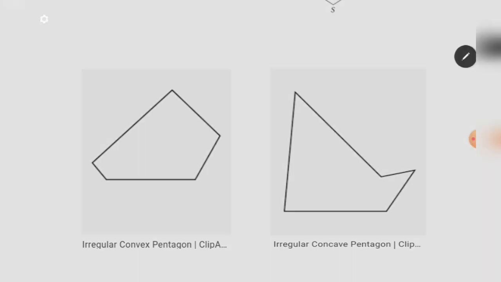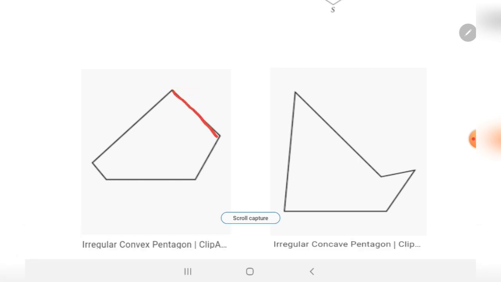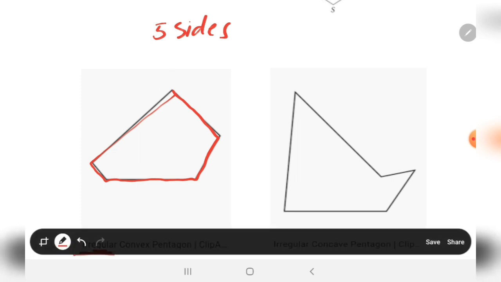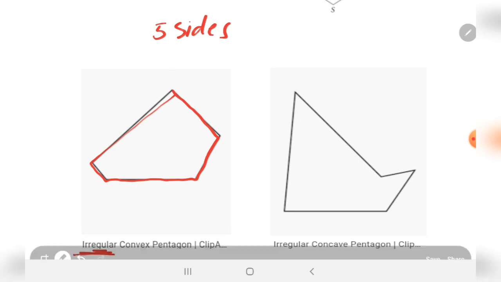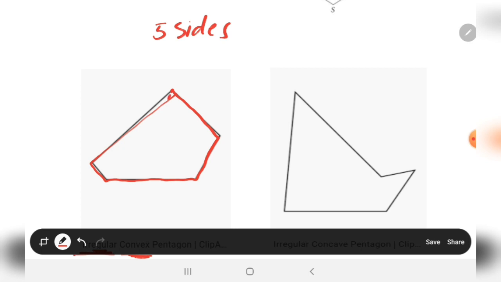For example, in here, this is a convex pentagon. Why pentagon? Because there are 1, 2, 3, 4, 5 sides. And this is irregular because the sides and the angles are not equal. And then this is convex. Why convex?